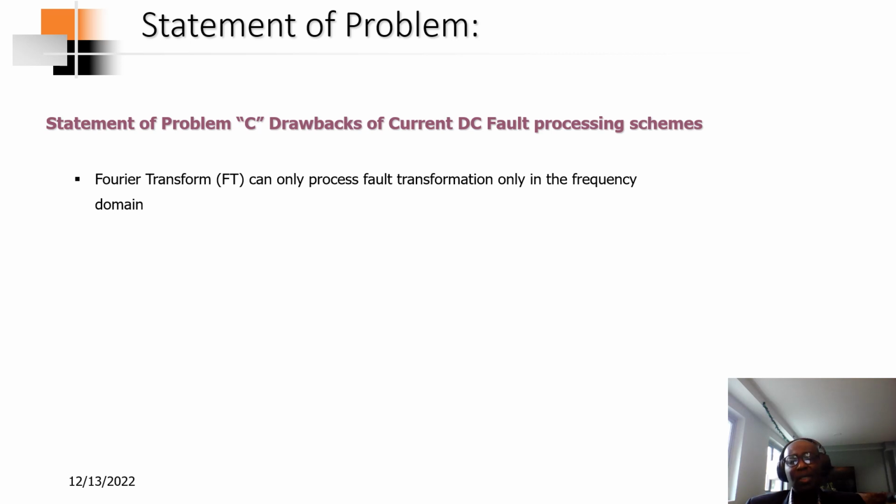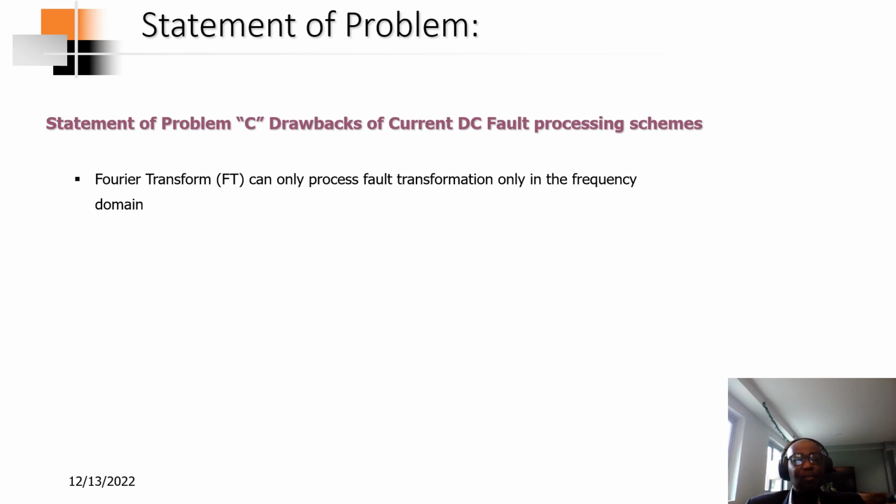It cannot process fault signals in the time domain. And DC fault detection and processing requires you to be able to detect the fault and process it both in the time and frequency domain.